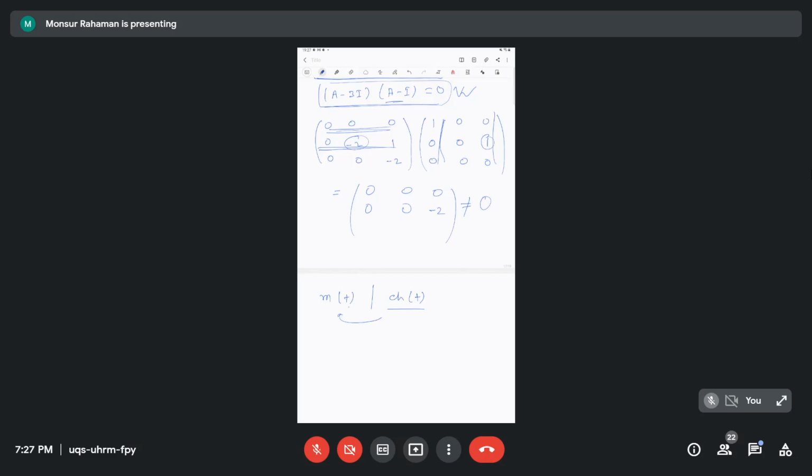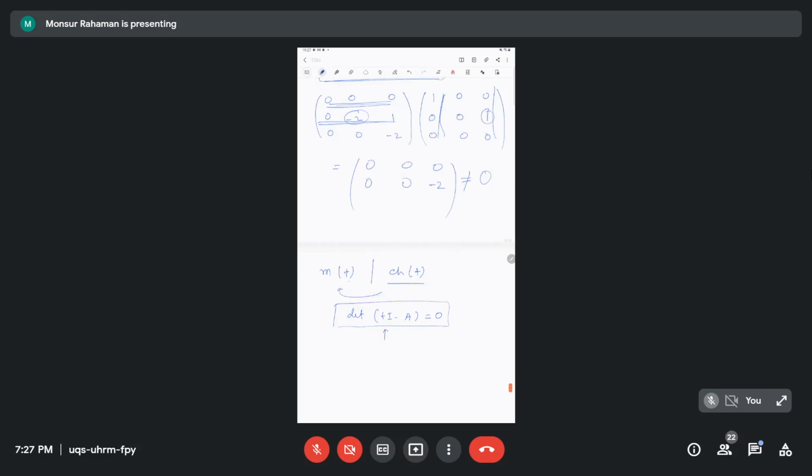Okay, so what is the difference between the minimal polynomial and the characteristic polynomial? The characteristic polynomial is the characteristic equation, which is the determinant of tI minus A equals 0. Obviously you can also call it a characteristic polynomial. That equation is also satisfied by the matrix A. This is an equation of t; let's call it lambda t equals del t equals 0.